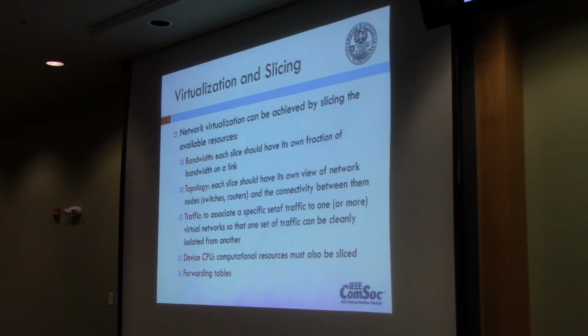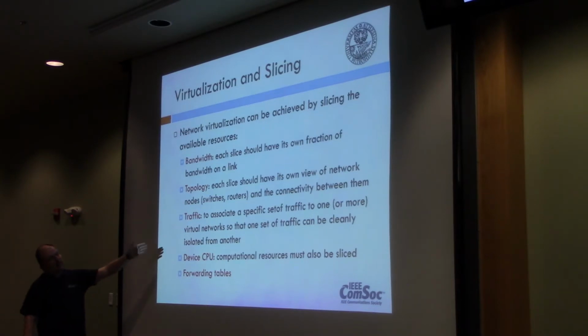Another thing, let's put them together to show you an example of slicing. Especially using SDN, FlowVisor and similar tools, you can achieve slicing of your infrastructure. You can slice bandwidth, you can slice the topology.